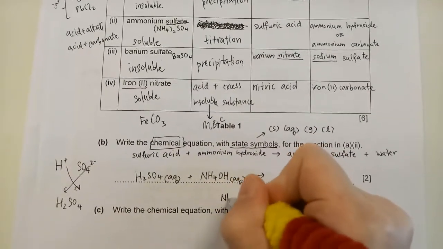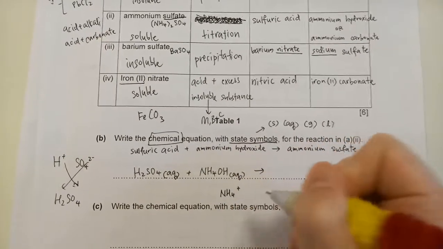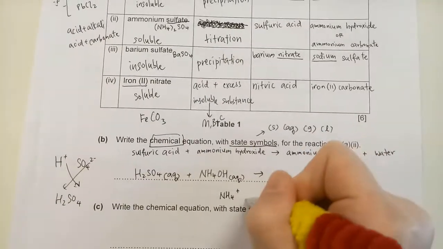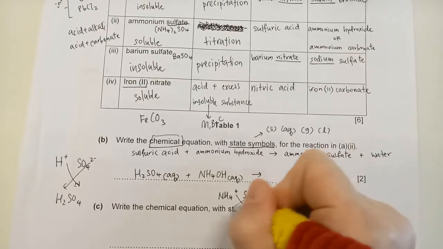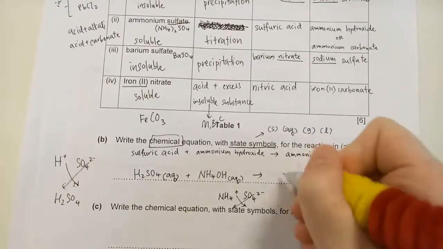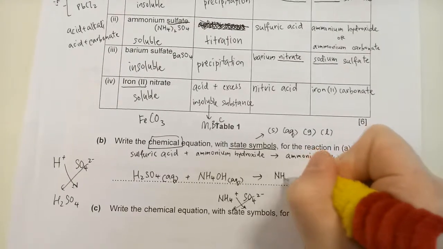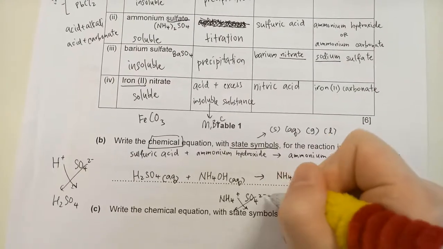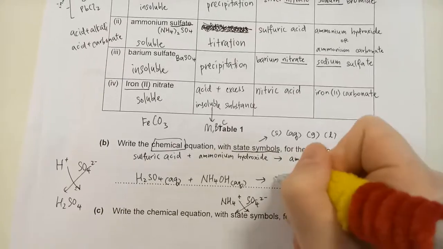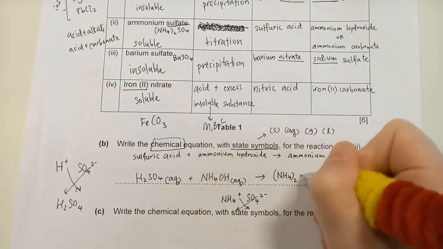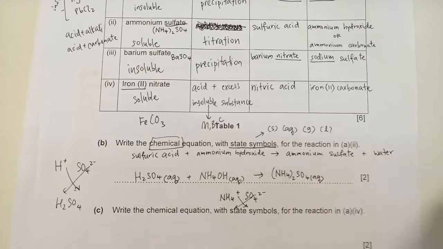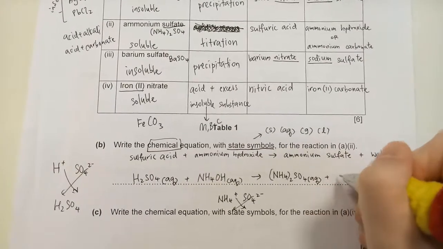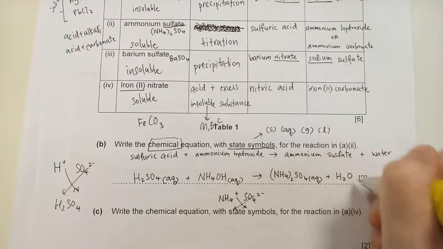Ammonium ion is NH4 plus. Sulfate SO4 2 minus. So I need to do my crisscross. I will get NH4, I bring the 2 down, then my sulfate aqueous plus water liquid.